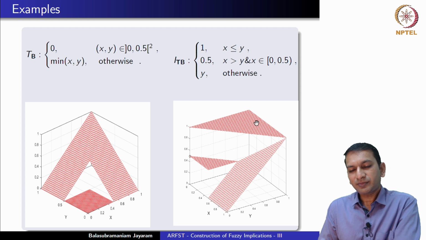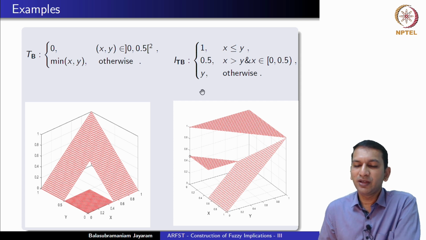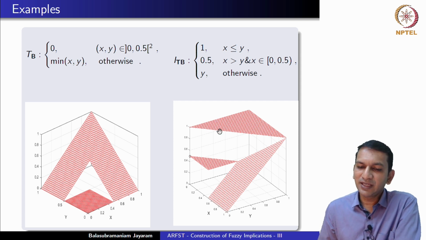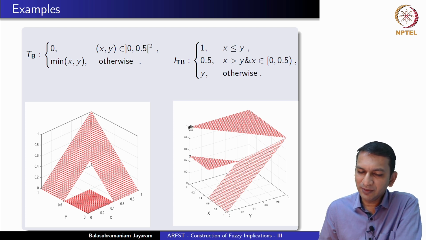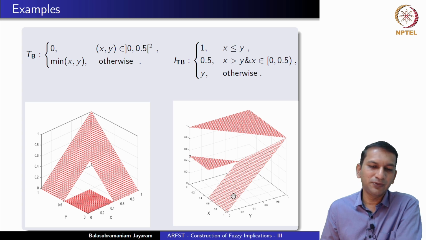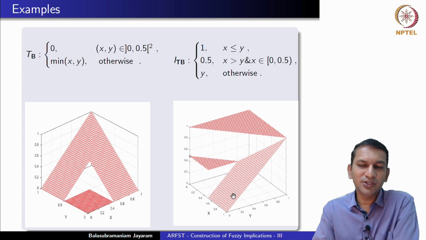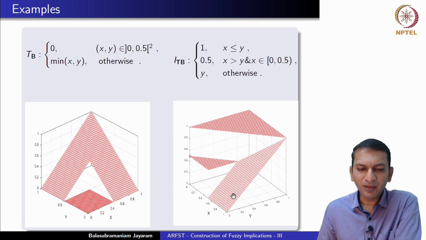Now, if you look at its corresponding R implication, we see that clearly it has OP, and what is interesting is the natural negation of that is, at 0 it is 1, between 0 and 0.5 it is 0.5, and from 0.5 to 1 it is actually 0. That means the natural negation obtained from the R implication coincides with the natural negation obtained from the T norm.